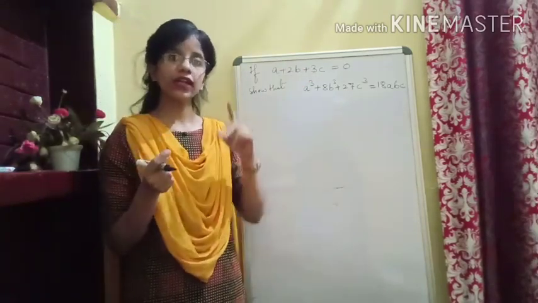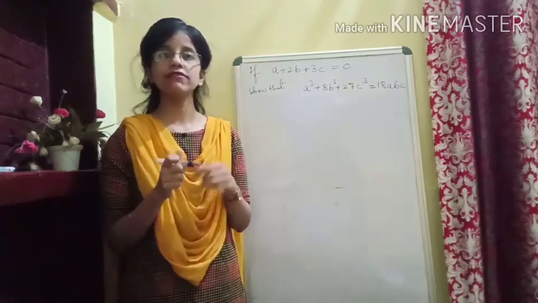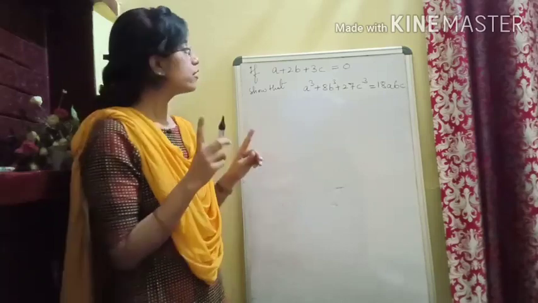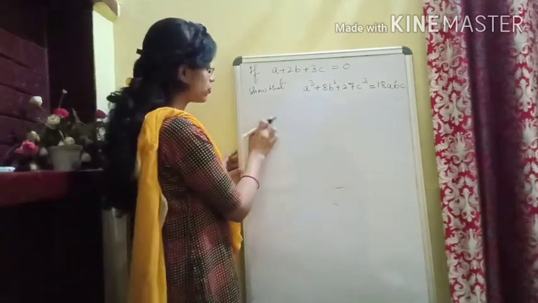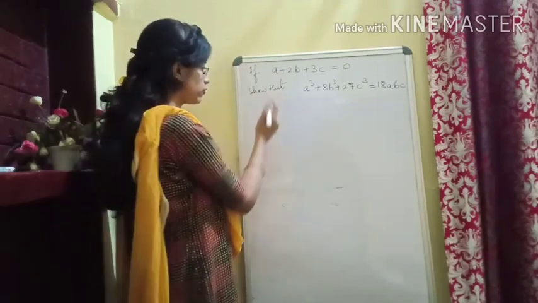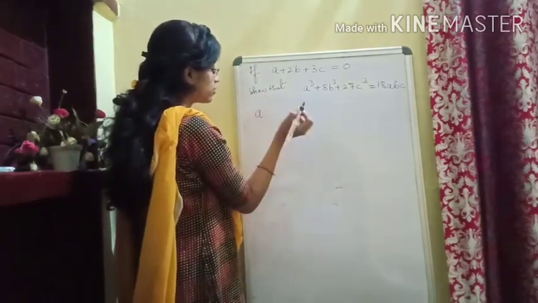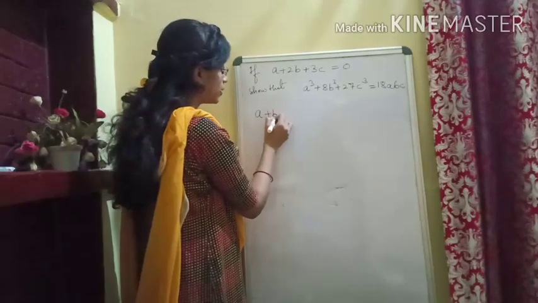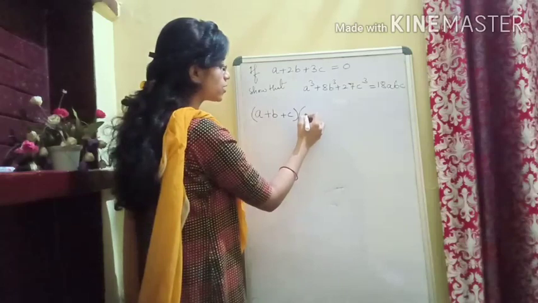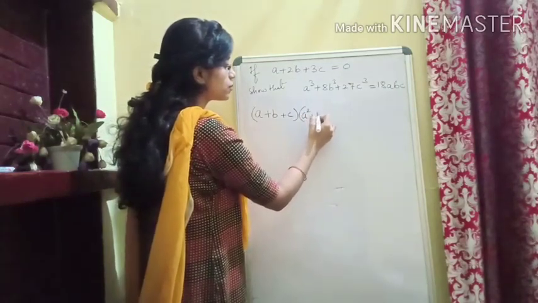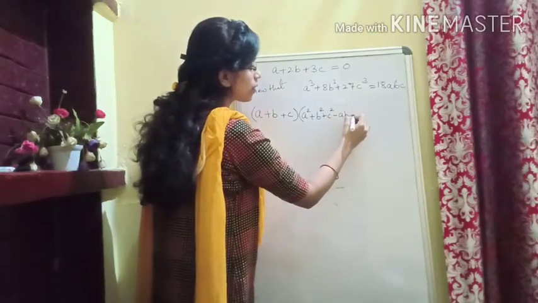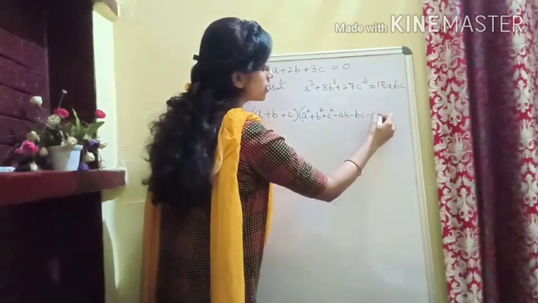In the last class when we were seeing the cubic identities, the very last identity I told you had three terms, A, B and C. So if I write the identity for you: A plus B plus C in the left hand side, also A square plus B square plus C square minus AB minus BC minus CA.